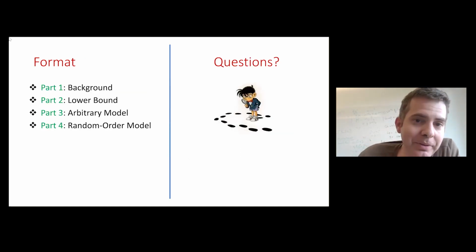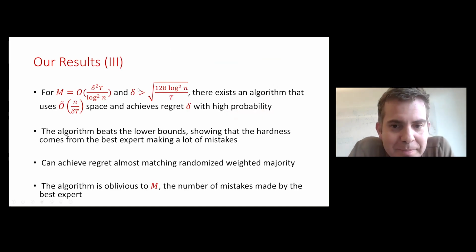David. Yeah, question. Can you go back? Is it true that your m should be in a certain range? Because if m is very large, if the best expert makes a lot of mistakes, as in, for example, it's randomly guessing, then it should be easy to get a good regret, right?